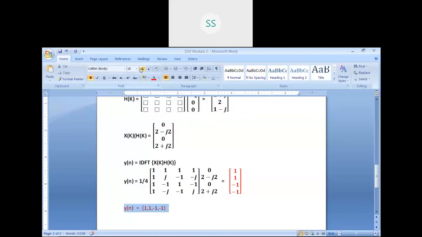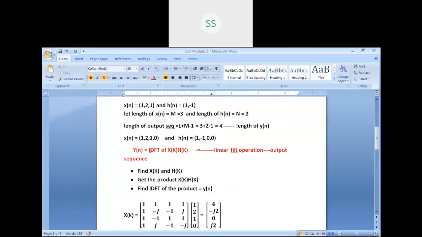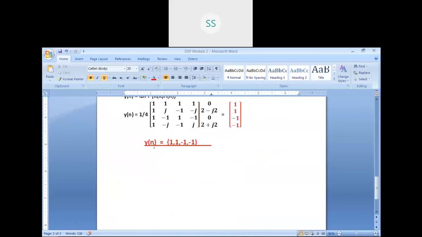Whatever sequence we have obtained, 1, 1, minus 1, minus 1, what is this actually? It is a filter output. Okay, so it is the result of a filtering operation. So y of n here represents the output of the linear filtering operation.